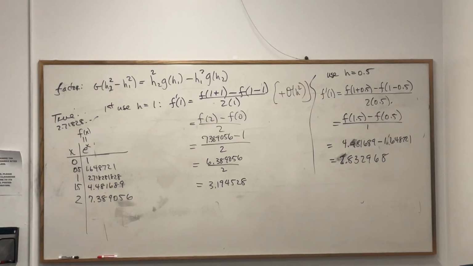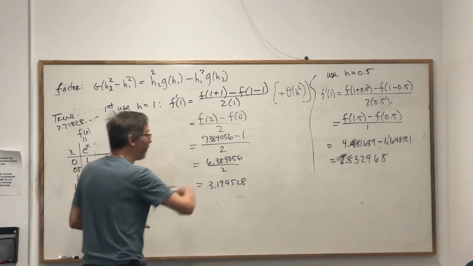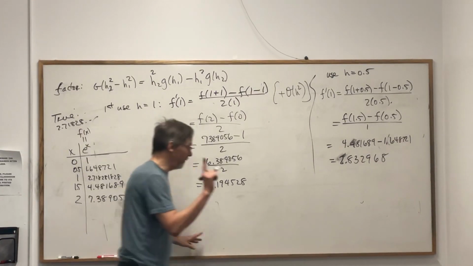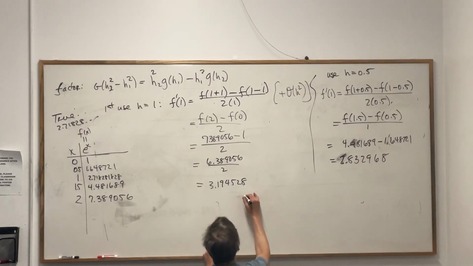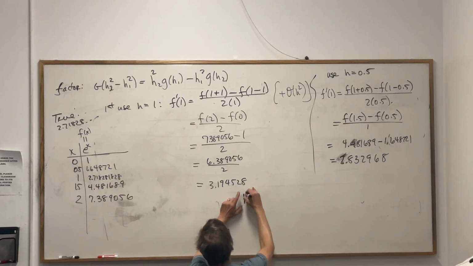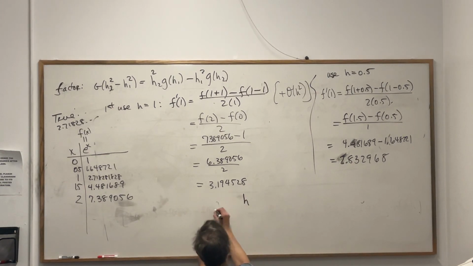So Richardson extrapolation is going to improve these two by just a simple move. So remember how it goes. The number in front, the power of h that we use here, is the power of the error. So let me write the formula back up.